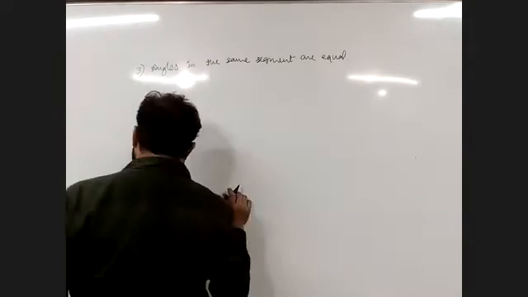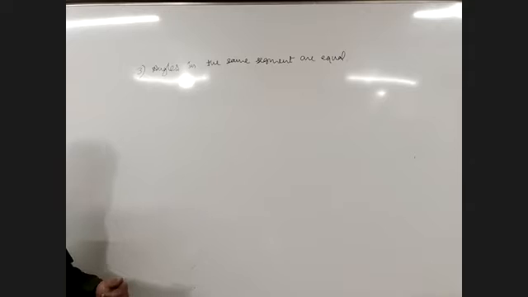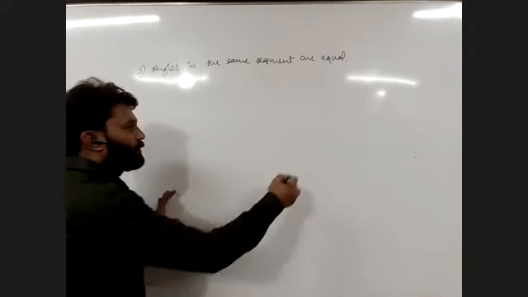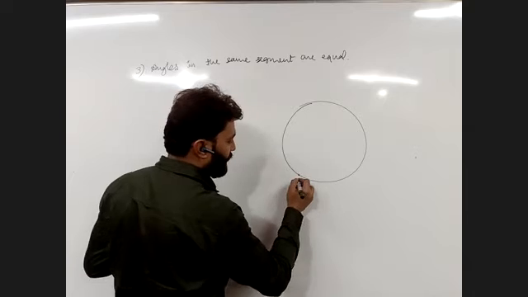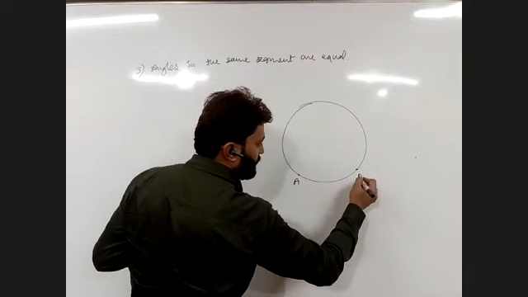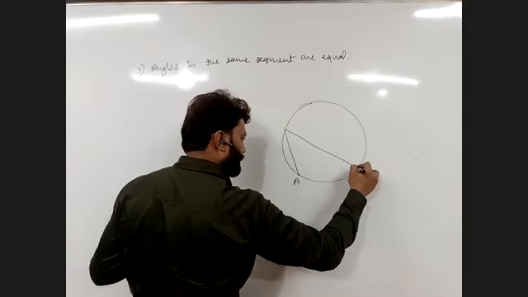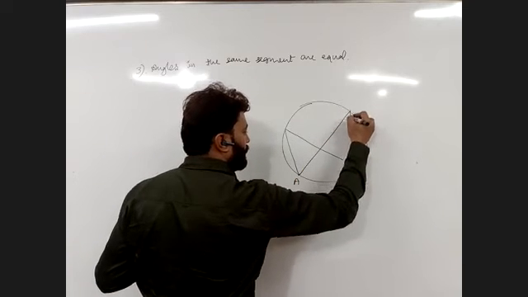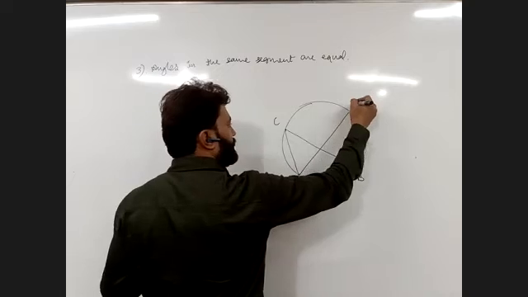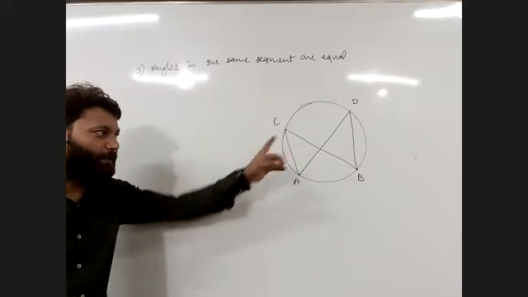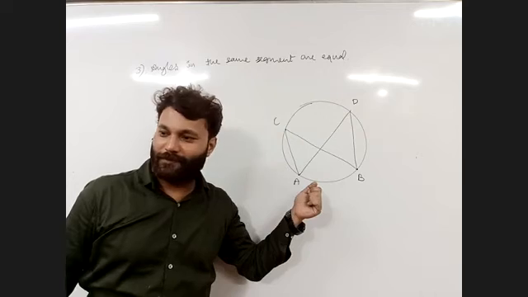Next property is angles in the same segment are equal. That is, the angles in the same segment will always be equal. Now how will we identify the same segment? Look carefully. A, B, this is C, this is D. This will not be double, right?